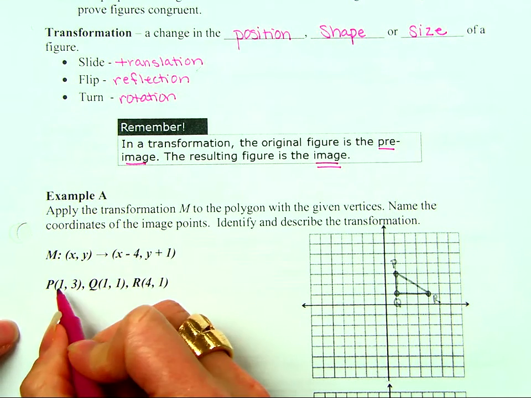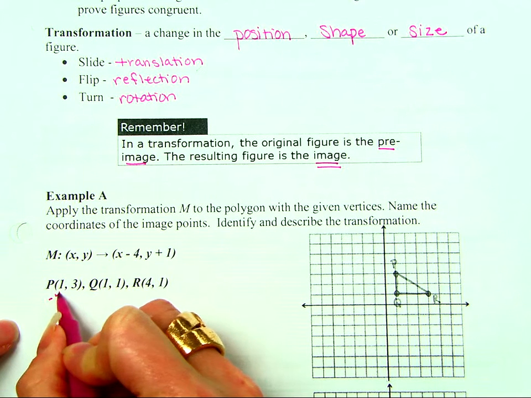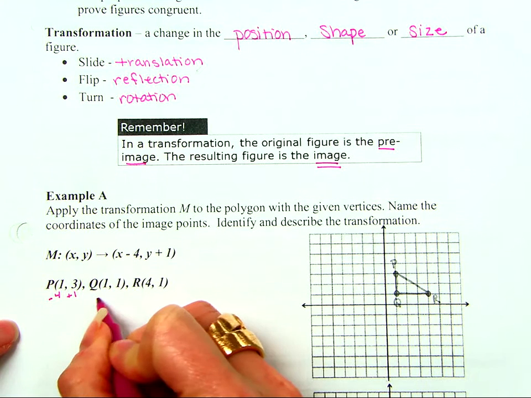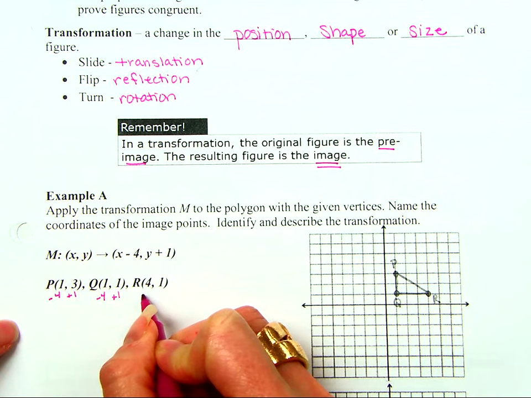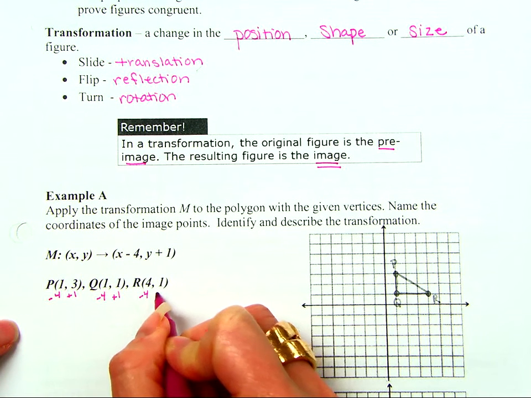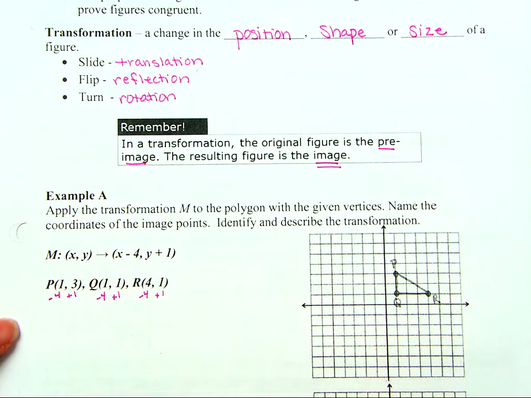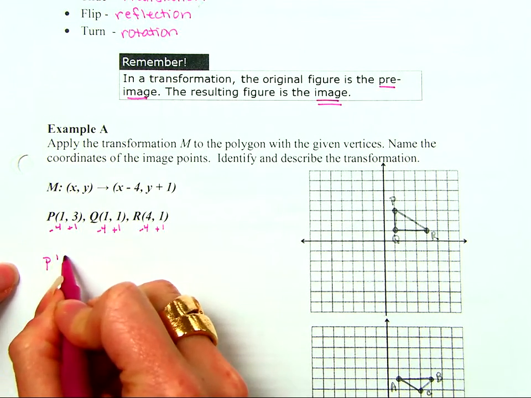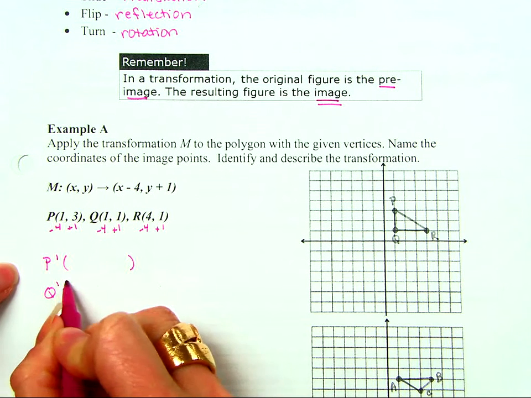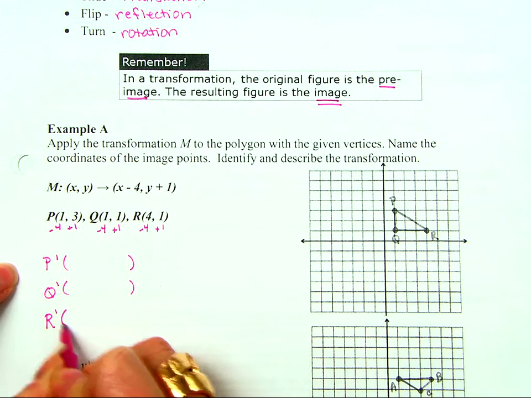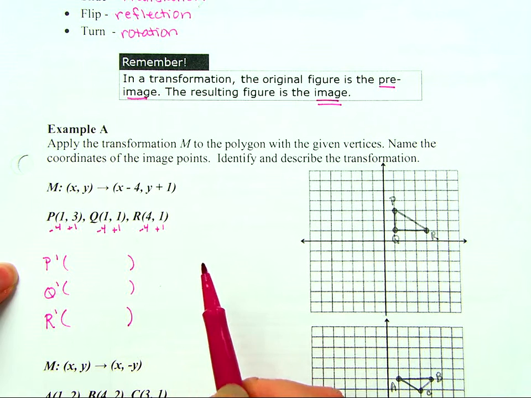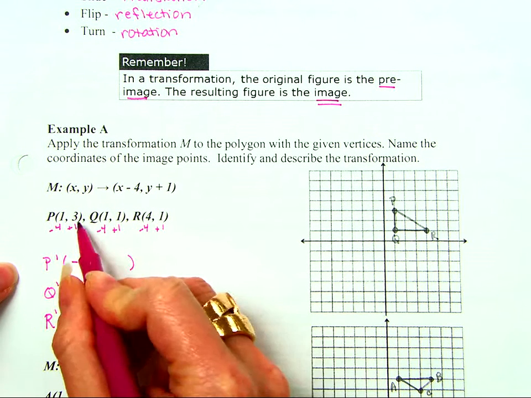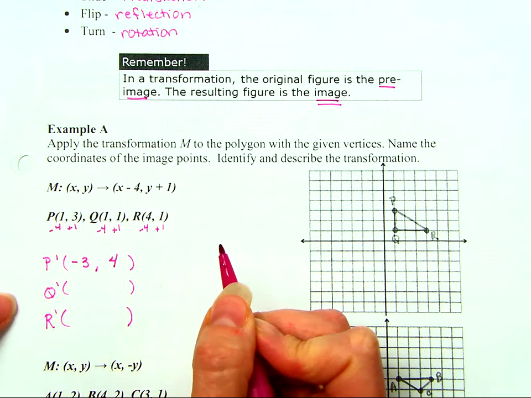I'm going to take my x coordinate and subtract 4, and my y coordinate and add 1. And I'm going to do that for each point. When I find my new coordinates, I'm going to call them P prime, Q prime, and R prime. So again, to find P prime, if I take 1 minus 4, I get negative 3. And 3 plus 1, I would get a positive 4.